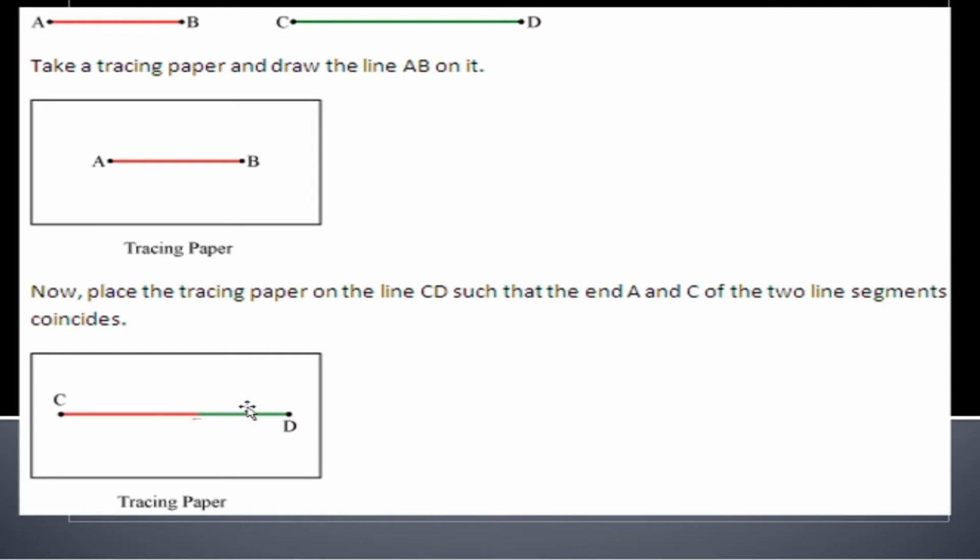Or the second case may be that the tracing paper line exceeds the line on which you have kept it. Or the third case may be that the two line segments are exactly of the same length. So this method is better than comparison of two line segments by observation.